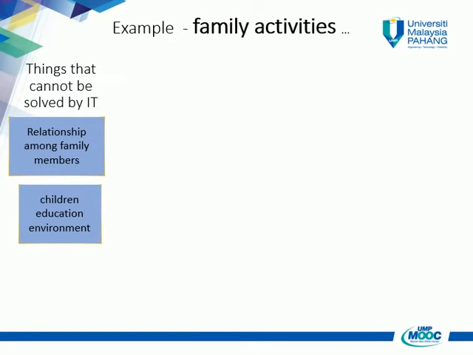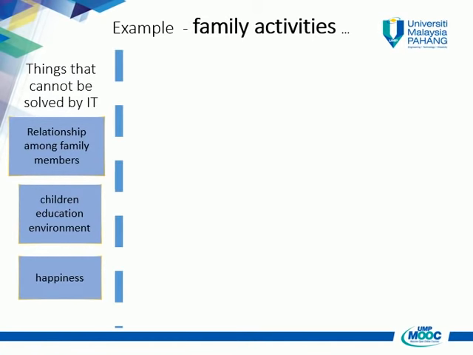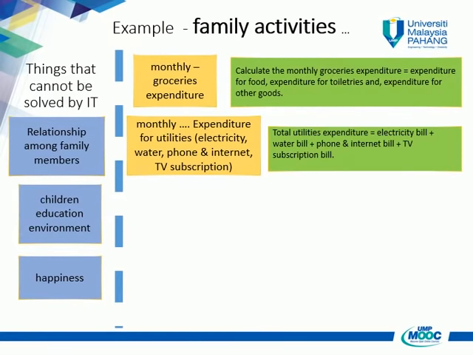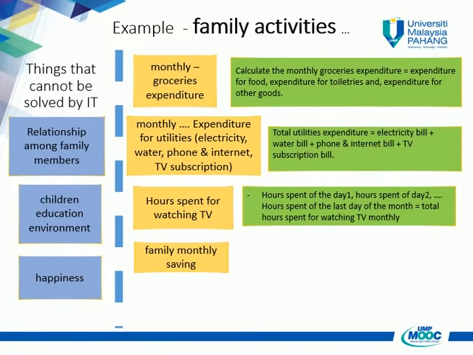Now, let's discuss some activities that can be solved by ICT or computer solution through arithmetic formula. First, calculating the monthly expenditure for groceries. To get the total expenditure, add the monthly expenditure for food with the expenditure for toiletries and for other goods. Arithmetically, based on this formula, the computer can calculate the result.